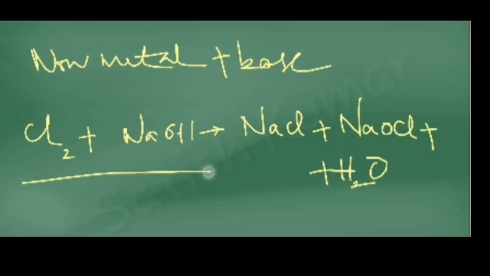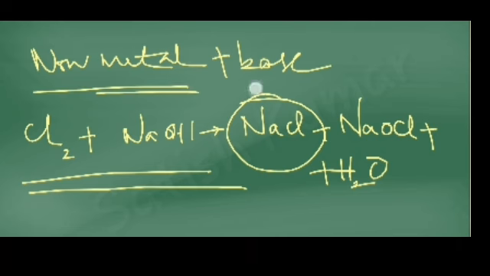So this is the reaction here. So you will get a salt here. When a non-metal reacts with a base, you will get salt. This is the reaction between non-metal and base.